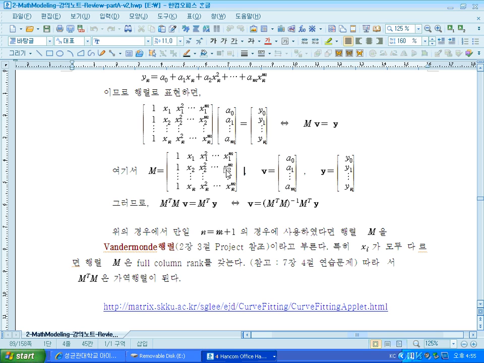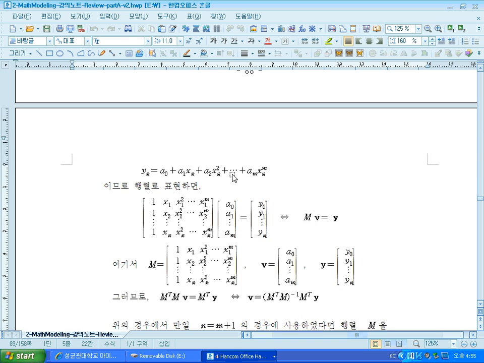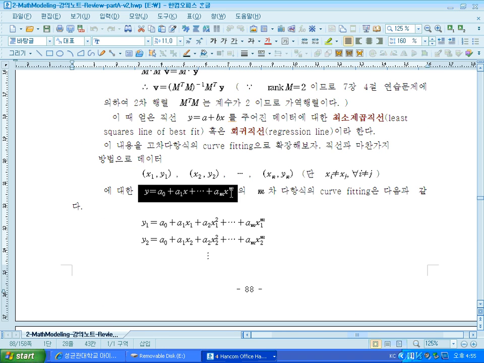So when we multiply M transpose on both sides, this M transpose M is still a matrix having full column rank. So this is an invertible matrix. We can find the inverse of this matrix and multiply it in here to get V, which are the ai's, which make the coefficients of the polynomial that we are looking for.